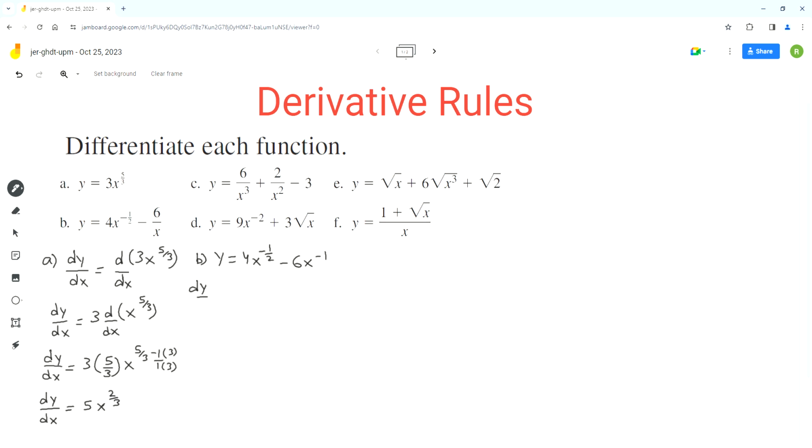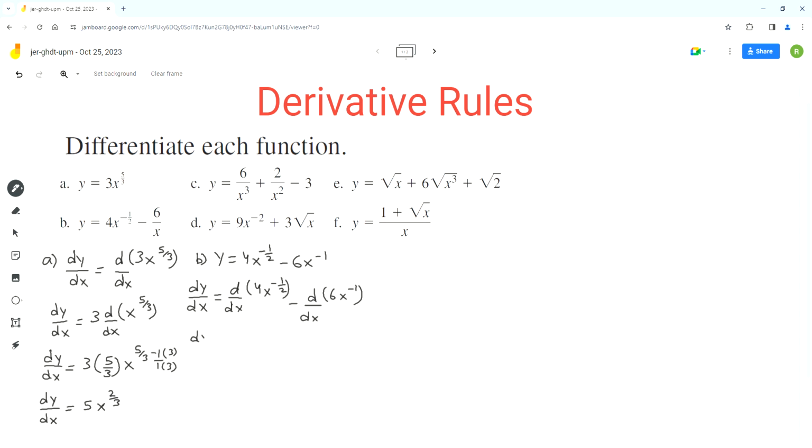We use the Leibniz notation. So dy over dx equals the derivative of 4x to the power negative half minus the derivative of 6 and then x to the power negative 1.